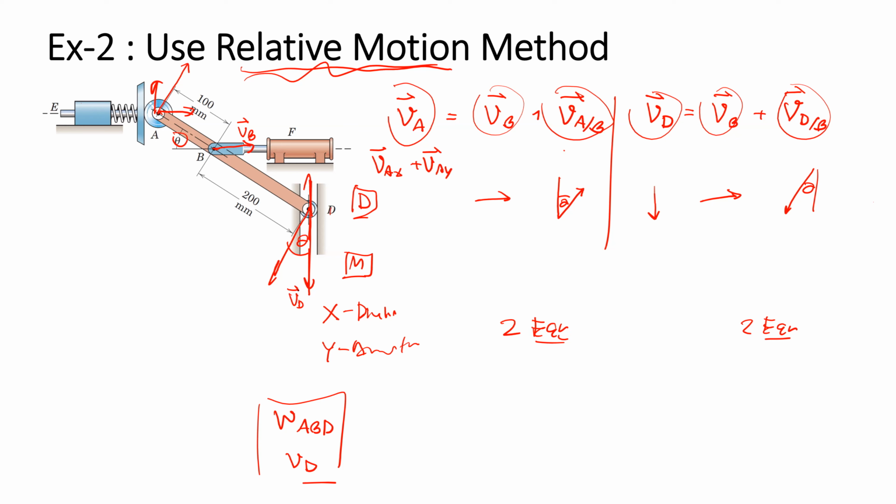And the idea for the ICZV is we draw the perpendicular line to the velocity.